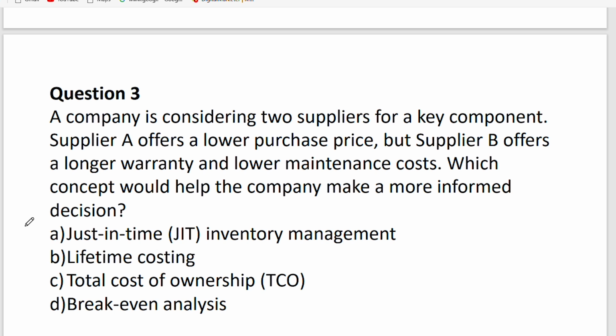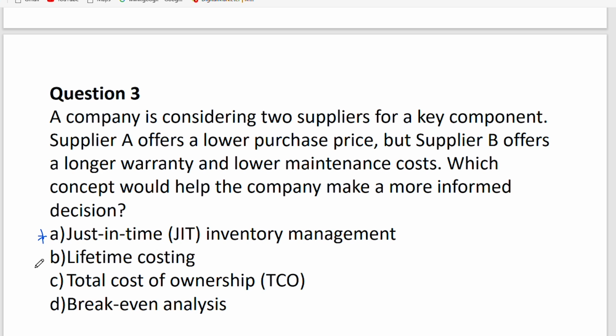The company is thinking, of these two suppliers, who are we going to be dealing with? If we use just in time, that is inventory management, will that tell us anything about which supplier to go with? No, just in time will just talk about how quickly those things get to you and then you avoid storage costs. That's pretty much it.